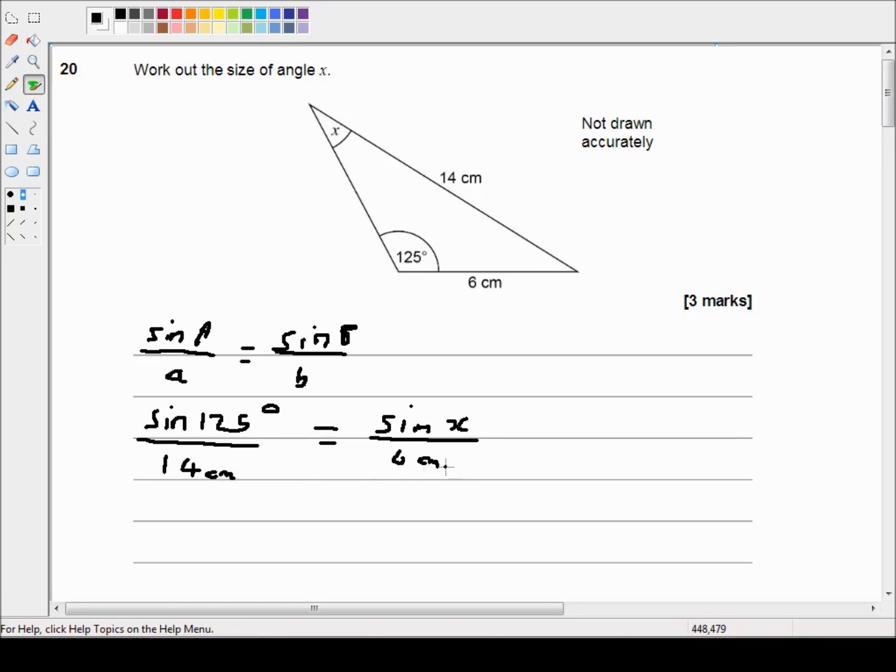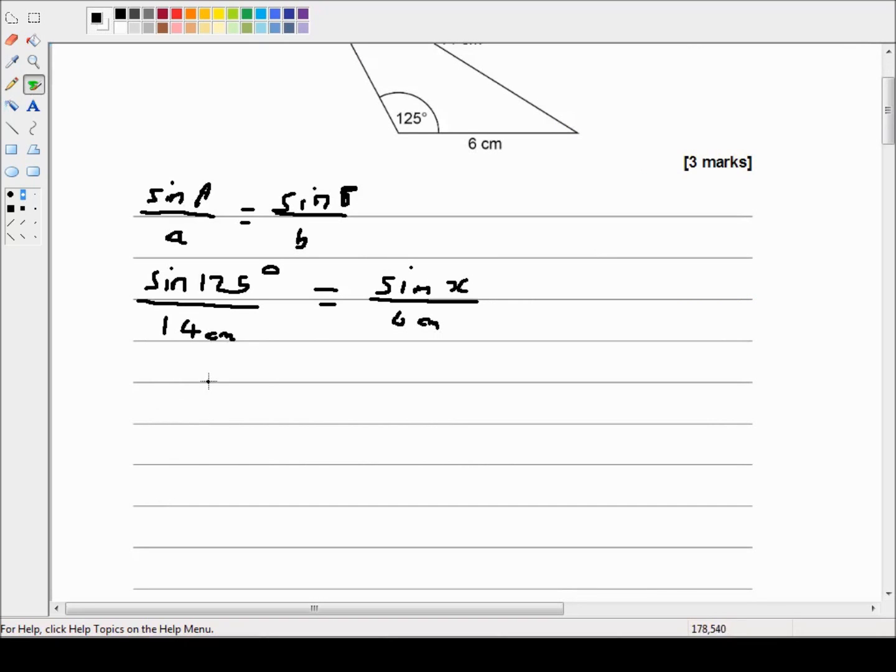Now if I multiply everything by the 6 centimeters on the denominator, I'm actually going to forget the units at the moment.